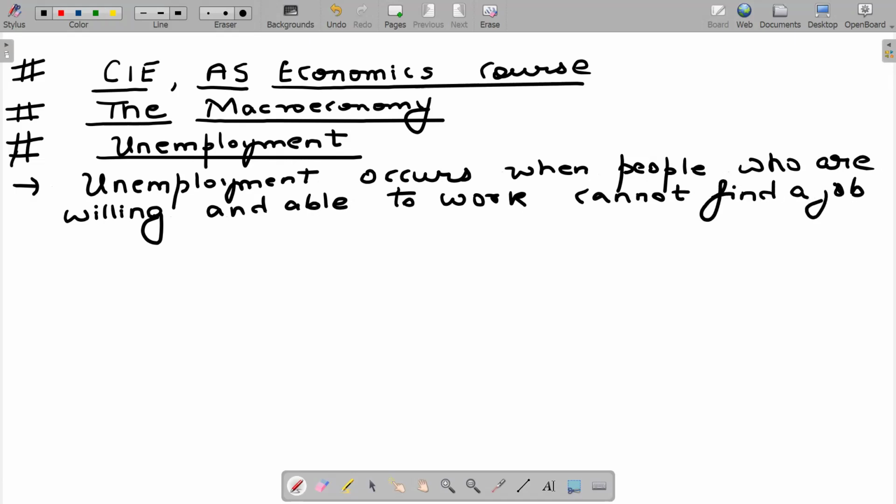So it means that these people are willing to work, they want to work, but they couldn't get a job.